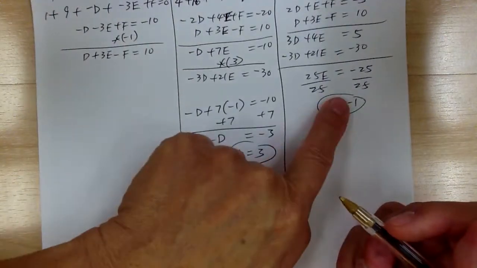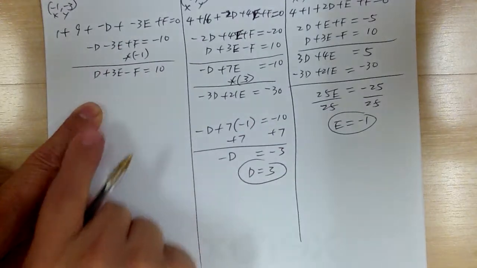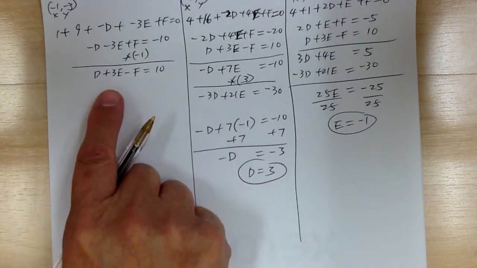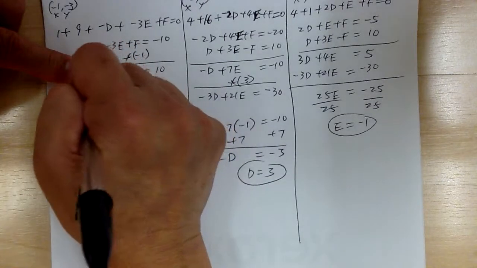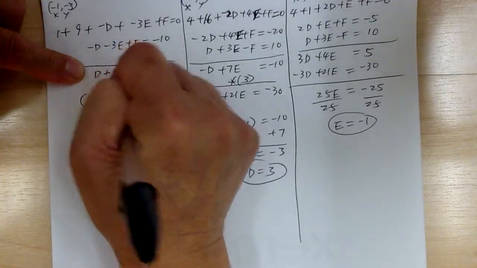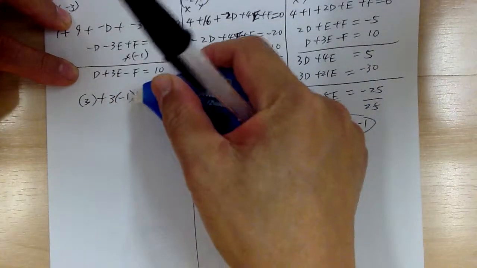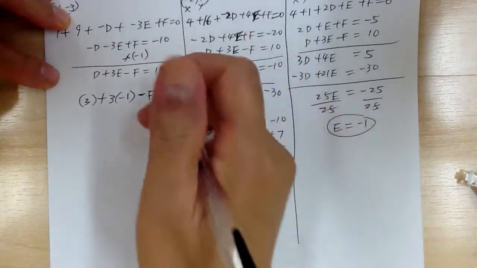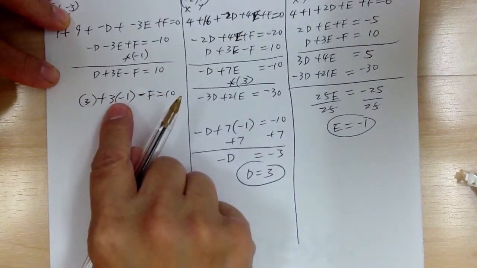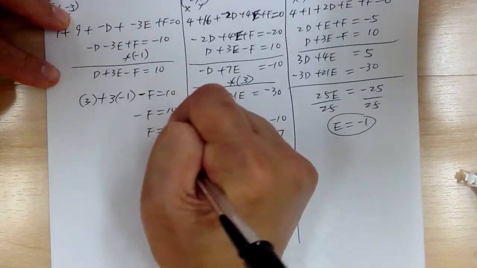Once I find D and E, I'm going to go back to any one of these equations to look for F. I'm going to use this one here. So I get 3 plus 3 times -1 minus F equal to 10. So 3 minus 3 cancel out, so -F equal to 10, so F equals -10.